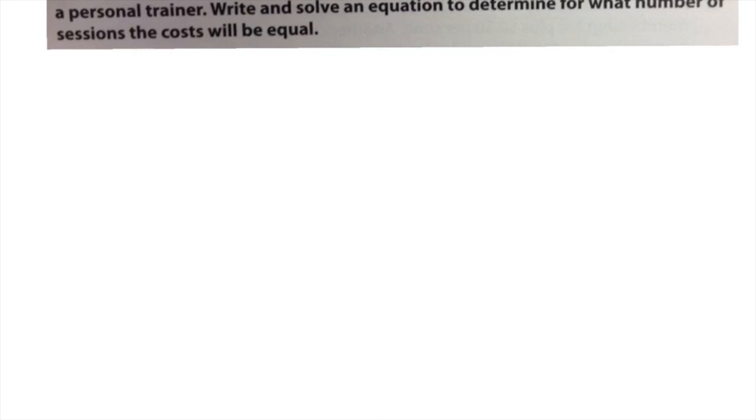All right, let's see how well you did with this. If you take this question and you break it up into its parts, start with the first part. A personal trainer charges a one-time fee of $60 plus $25 for each individual session. That means that it's charging $60 plus $25 per session. That's the total cost. 60 plus 25 per session, because x is the number of sessions, right?